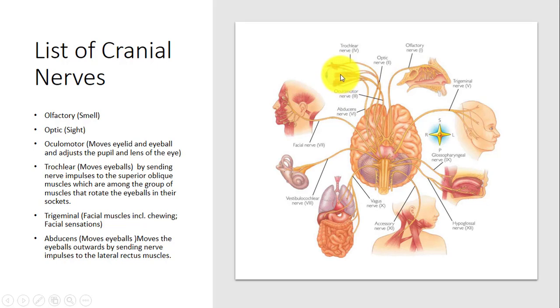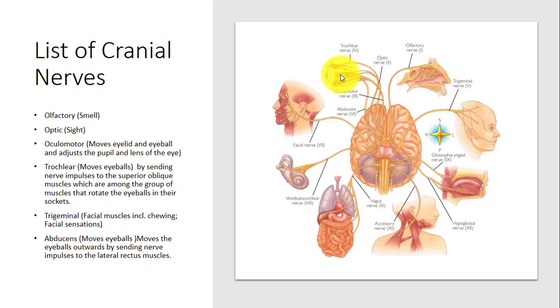The oculomotor nerve is responsible for moving the eyelid and the eyeball and adjusting the pupil and the lens of the eye. It's very significant because there are three of them that involve the eye. So oculomotor moves the eyelid and eyeball by adjusting the pupil and the lens.